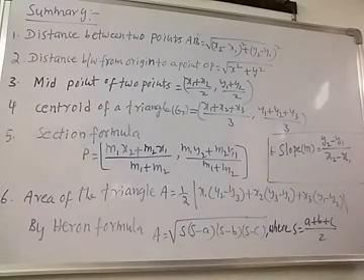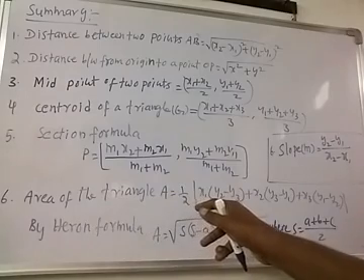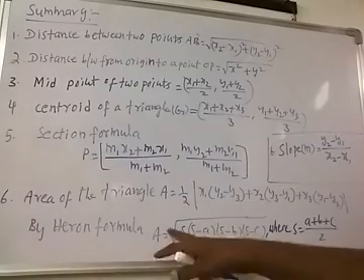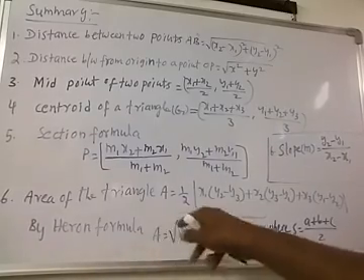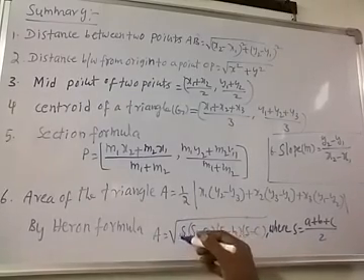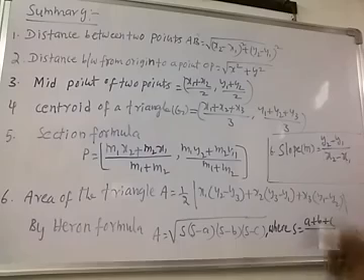Now if we know the vertices of a triangle, then the area of the triangle A is equal to 1/2 into modulus of x1 (y2 minus y3) plus x2 (y3 minus y1) plus x3 (y1 minus y2), and also by Heron's formula, the area of the triangle A is equal to square root of s(s minus a)(s minus b)(s minus c), where s is (a plus b plus c)/2.